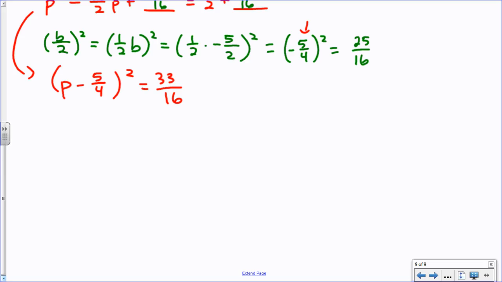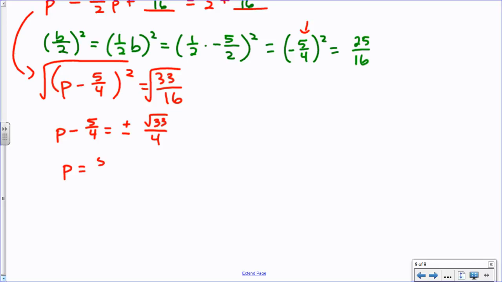Then what do I do? Good. Now we're solving, so take the square root. So I'm going to go ahead and write this as square root of 33 over 4. Are we all good with that? You square root top and bottom. Add 5/4.